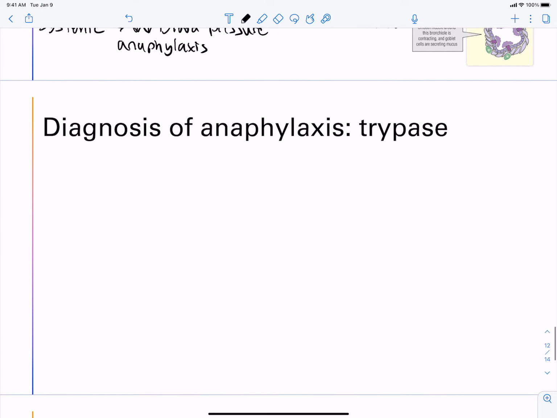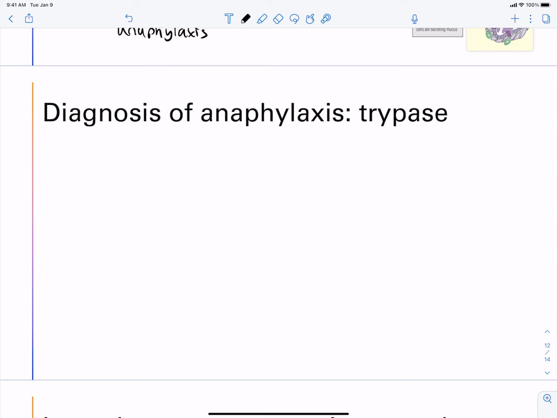Now, diagnosis is where you're going to have the ability to see symptoms, of course.